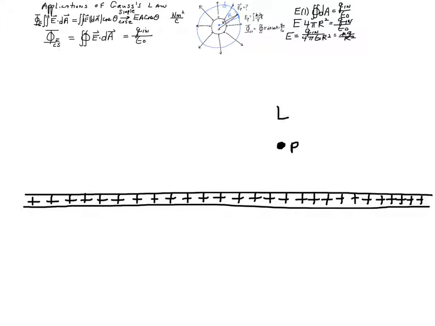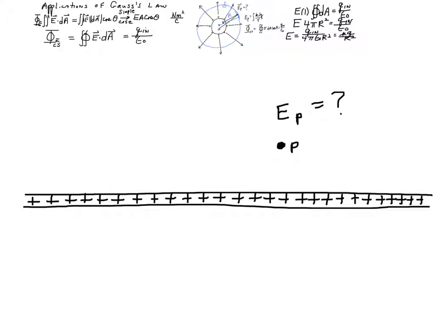We want to find E at point P. And so to do this, by making point charges, we would have to cut this up into little pieces. Each little dq would have a little dE. A dq here would have a dE there. A dq here would have a dE there. And we would have to do that integral that we showed up here.